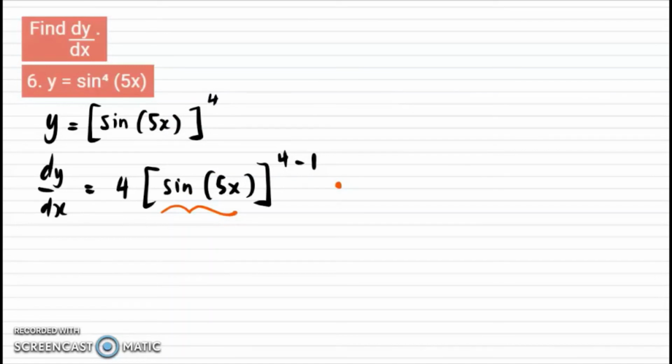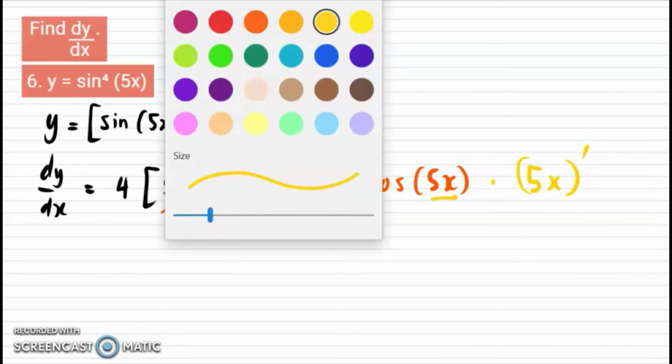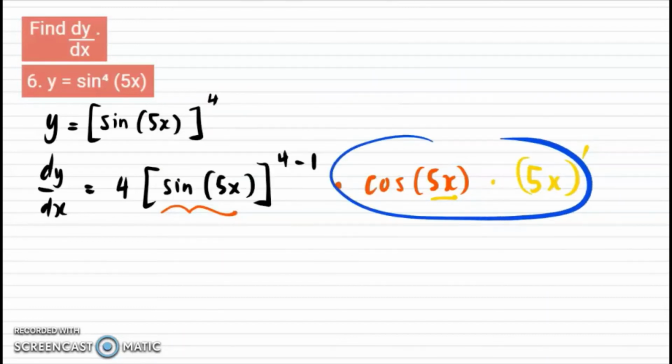So, what's the derivative of sine 5x? According to the rule, for sine, the derivative is cosine, right? So, cosine 5x and again multiply by the derivative of 5x. Actually, this part here is the derivative of this inside function, sine 5x.